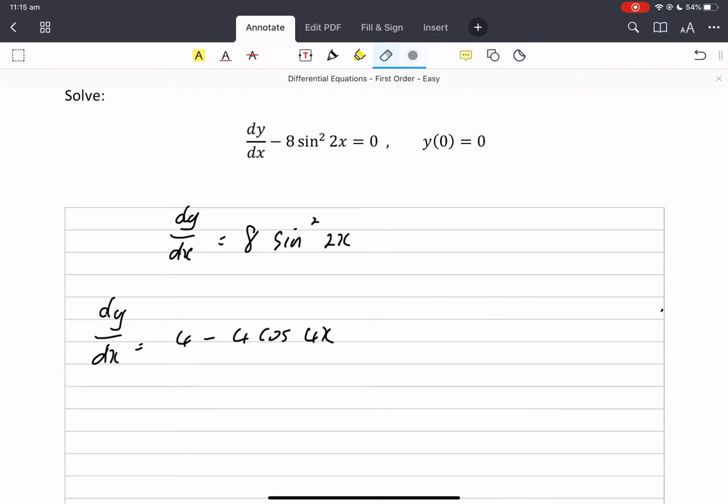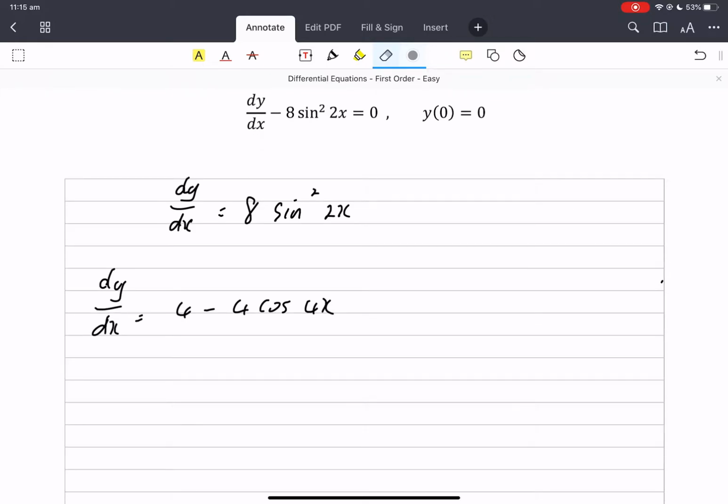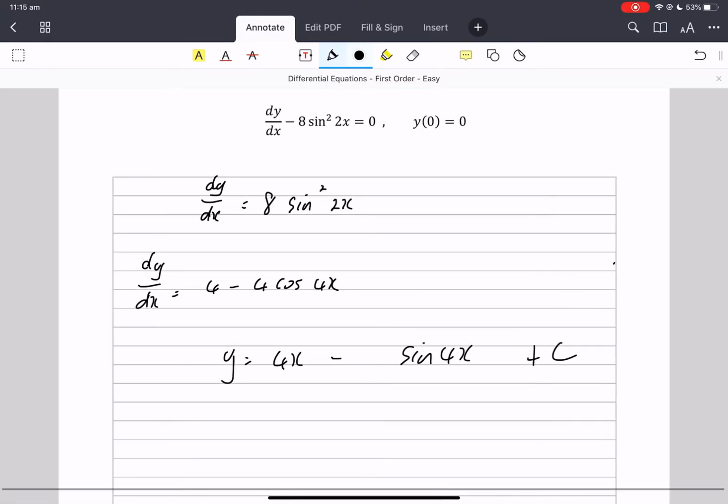That's probably on your scrap paper. This is all that's needed. And now we just want to get a y equals by integrating. Minus 4 sine 4x on 4. Those 4's will cancel. And I want to add a c. Oh my gosh, it happened all in a few lines. Didn't think that was going to happen.